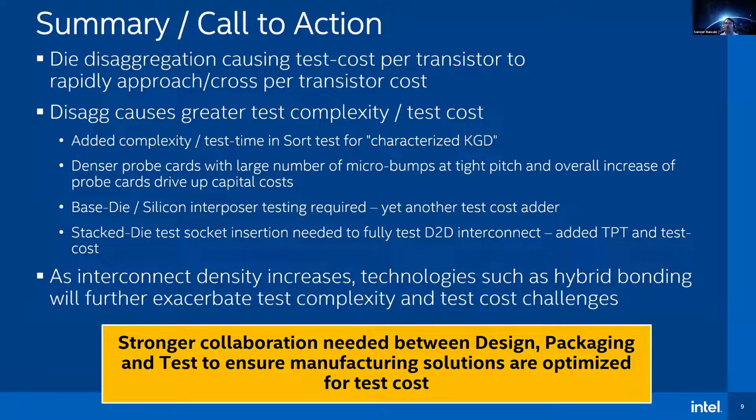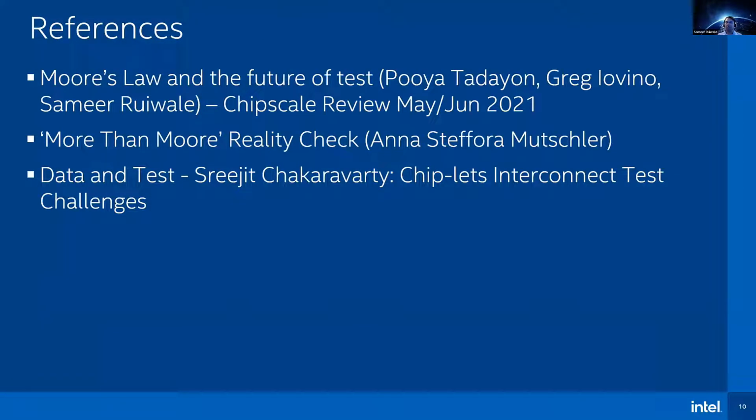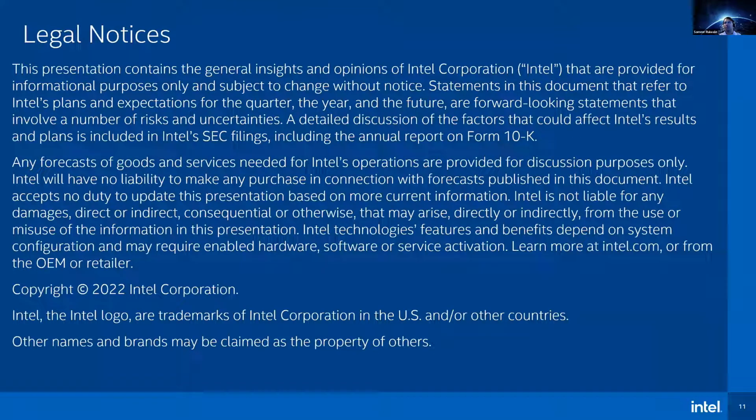Drive for standards across the industry is great because, again, there are a lot of new vectors coming up in the test space because of this. And with that, I will end. Just putting some references out and acknowledgement to some of the presenters and some folks that have presented here before, and just a legal notice.